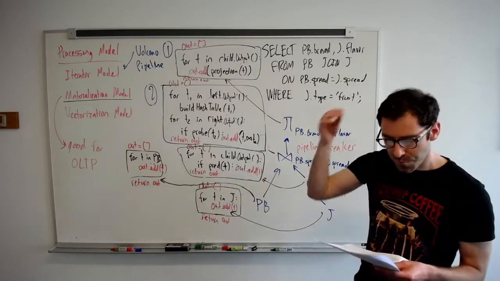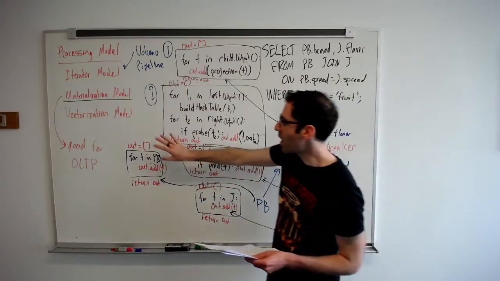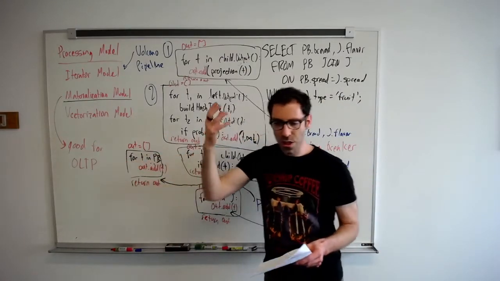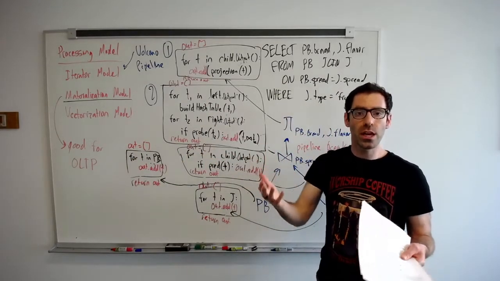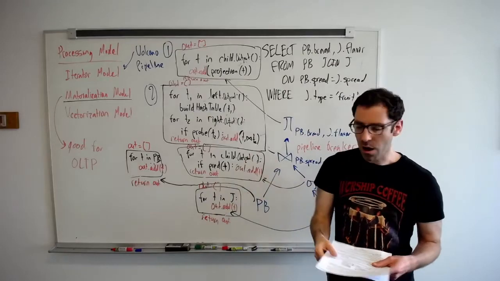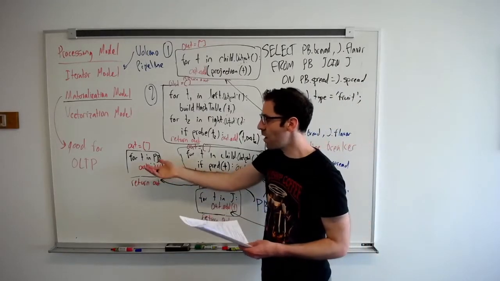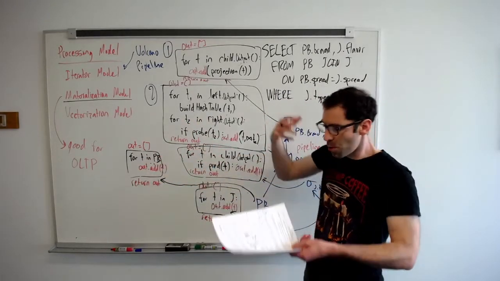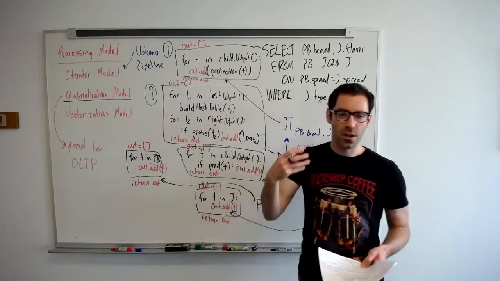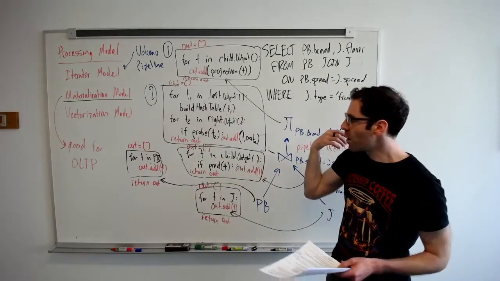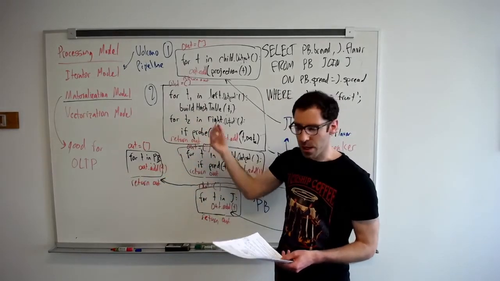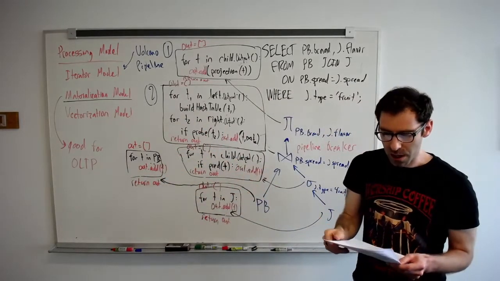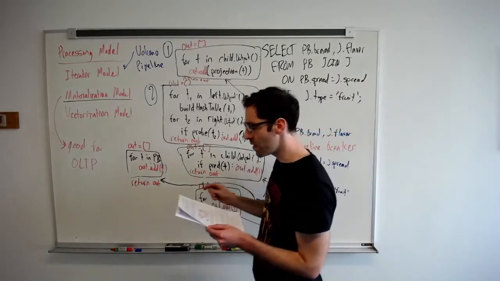Since in OLTP workloads each of these operators is typically only dealing with a few tuples, this materialization approach where we collect them all and send them up isn't going to require tons of memory to hold large intermediate results, because we expect them to be small.